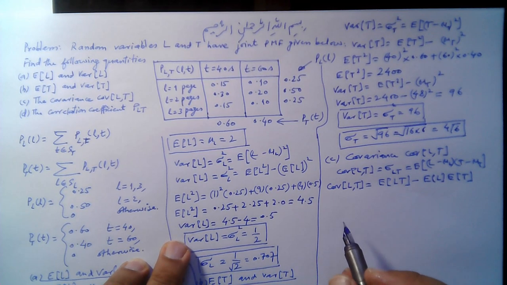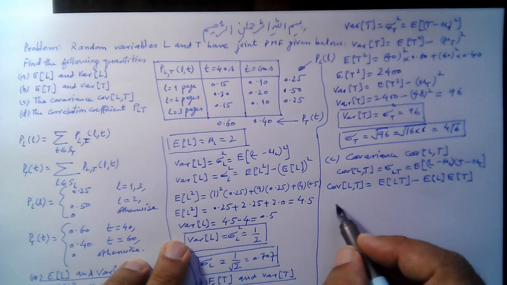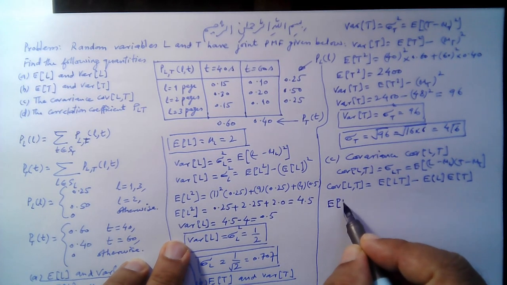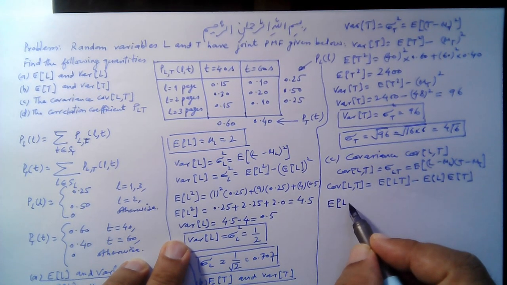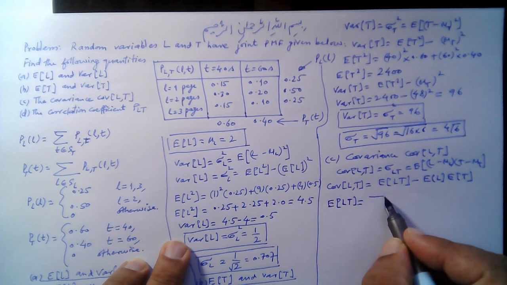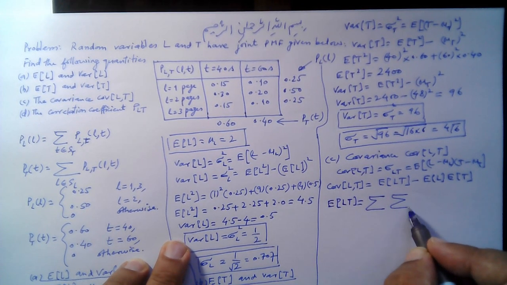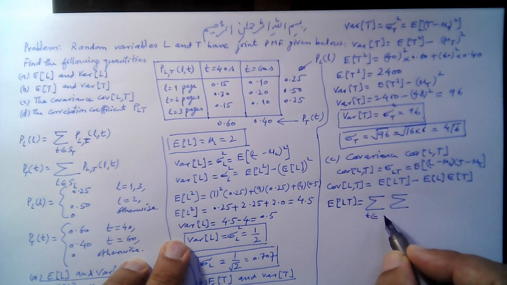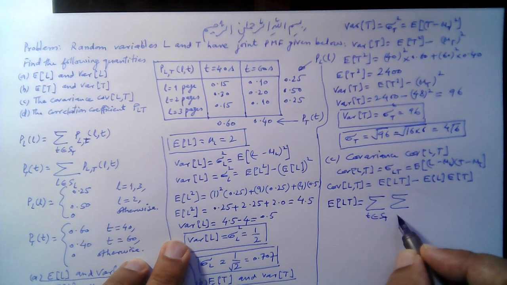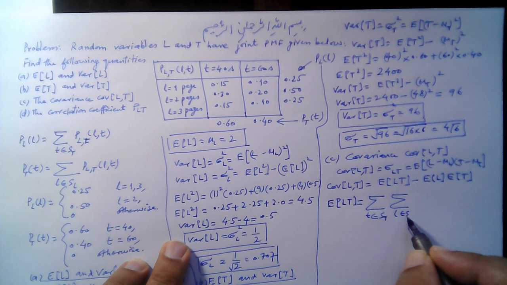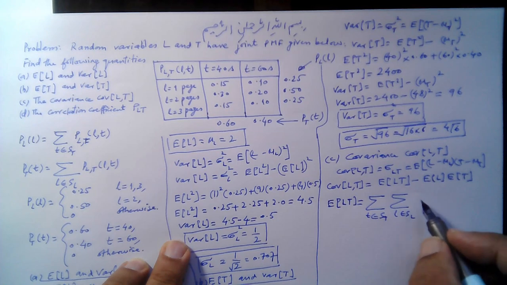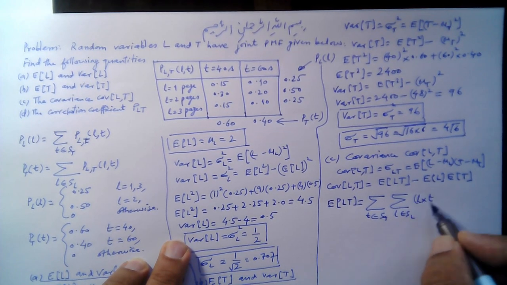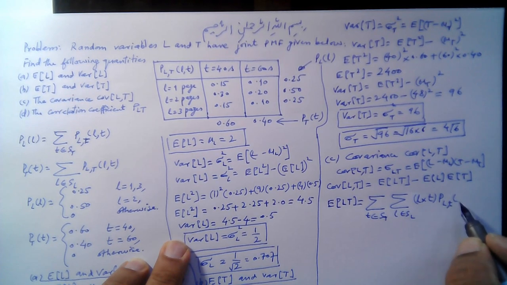So this is given by, for example, the expected value of LT is actually a double summation here, right? So for example, values of T corresponding to ST and values of L corresponding to SL, and we need to multiply the values of L and T and the corresponding probability value, right?